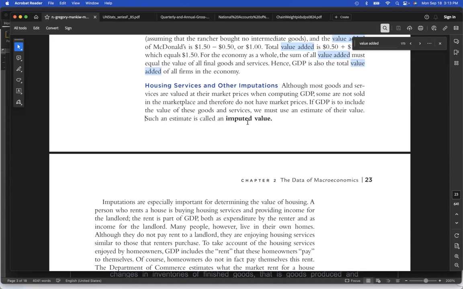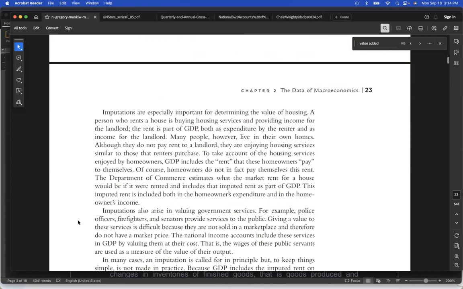And therefore, we need to know what the value of that is, and that's why we use imputation to determine the value of the rental services. Ginagawa rin ni Pilipinas yan: estimating or imputing the value of residential services.